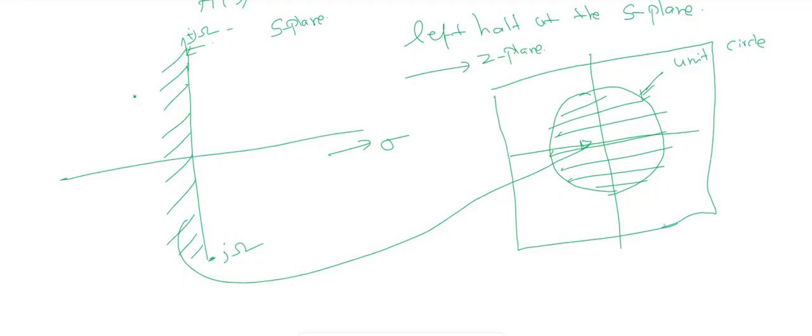For stability, the poles should lie on the left half of the S plane, LHP, not the right half, RHP. When you map the S plane into the Z plane, the imaginary axis is mapped to the unit circle and the left half of the S plane maps into the interior of the unit circle.